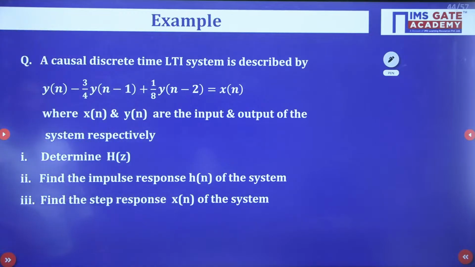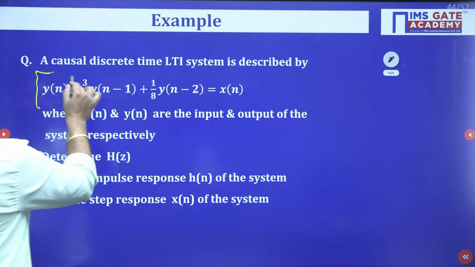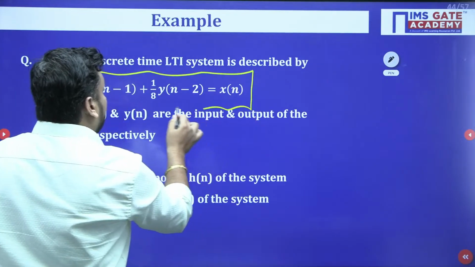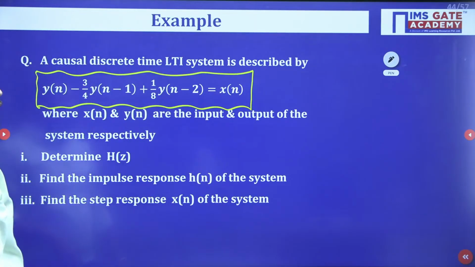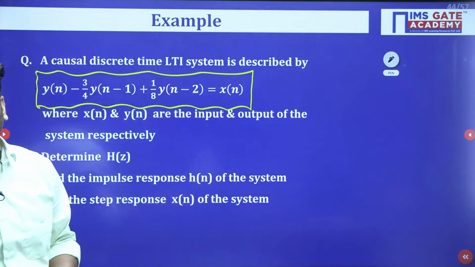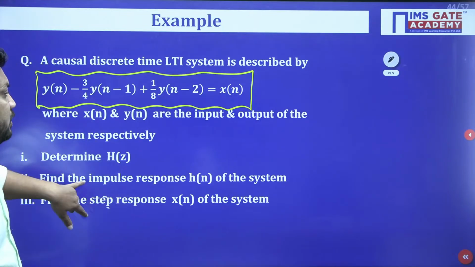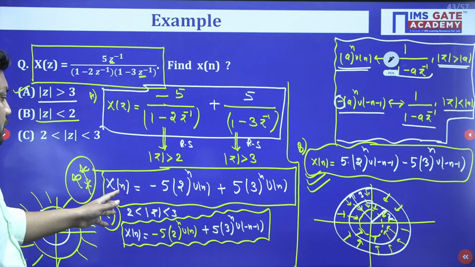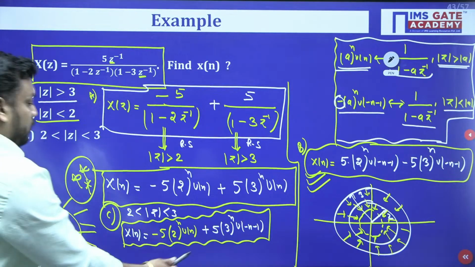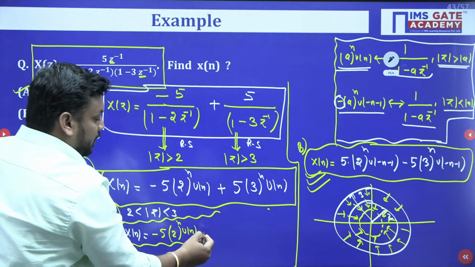A causal discrete time LTI system is described by a difference equation. Whenever a differential equation is given in the continuous time domain, to find the transfer function we take the Laplace transform on both sides. A student asks why 3 to the power n is not multiplied by minus. Sorry children, minus, because minus is the reverse part, so minus should come here.